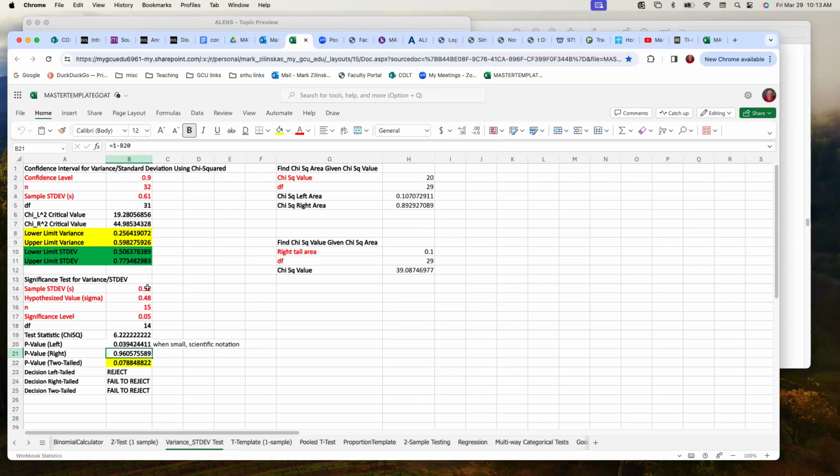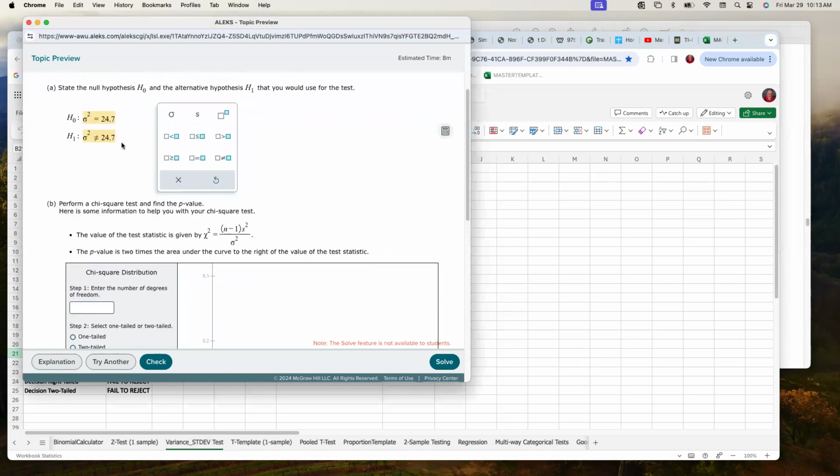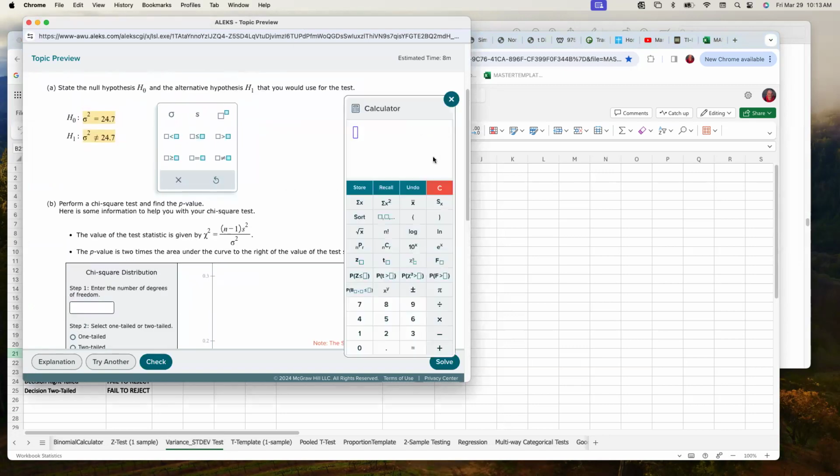Now, they don't have a place to enter the variance. So you have to remember that the standard deviation is the square root of the variance. So what I'm going to have to do to enter the standard deviation is take the square root of the given number here, which is the variance. I'll do that on this calculator here.